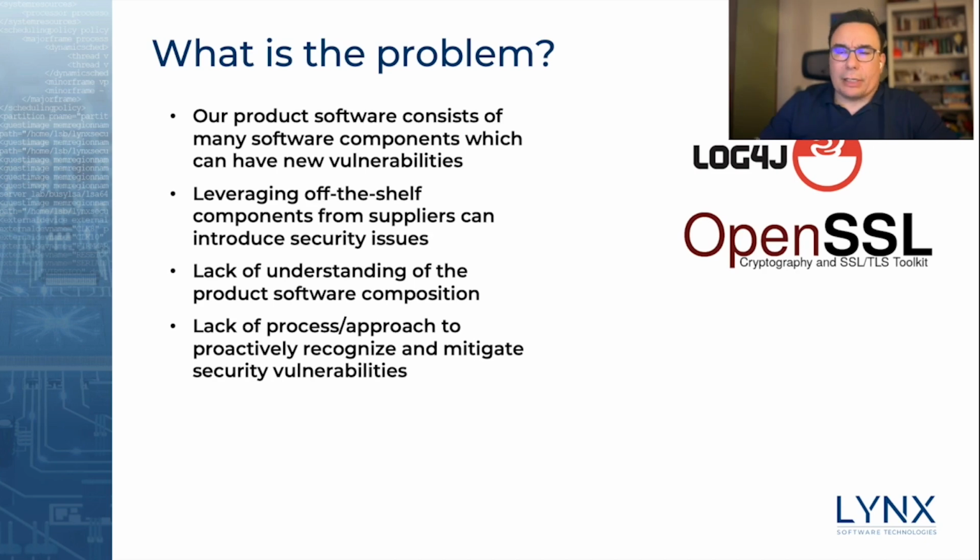I've included a couple of logos in the slide, OpenSSL and Log4j. You might be familiar with those two software components because there were highly publicized vulnerabilities that affected them in the past, and they are used in various different products out there.